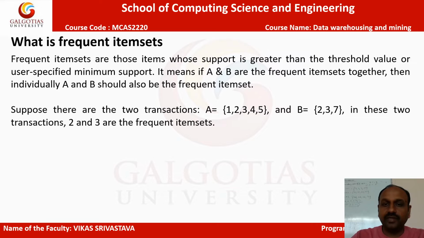So what is a frequent item set? Suppose I have transactions of two types. Transaction ID A contains the item set 1, 2, 3, 4, 5, and B has 2, 3, 7.